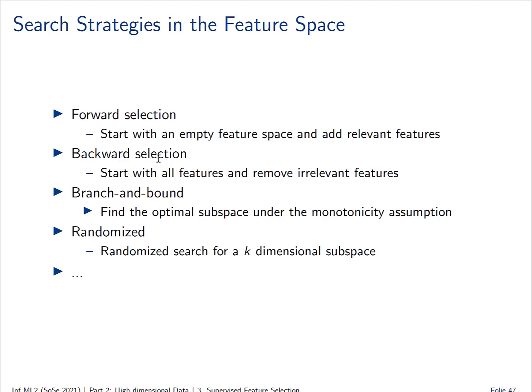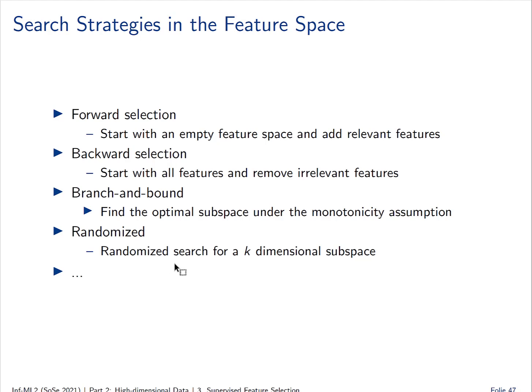Top-down backward selection is where you start with all the features and try to remove the worst ones, mostly the irrelevant ones. So that is top-down in the search space. And then you have things like branch and bound, where you try to find the optimal space under some monotonicity assumption, like a priori or FP growth or stuff like that. Some methods also try to do that in a randomized way.